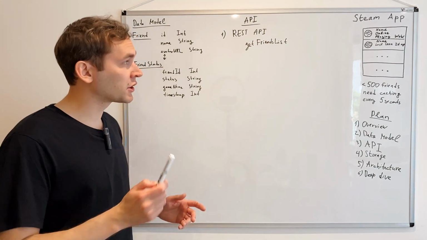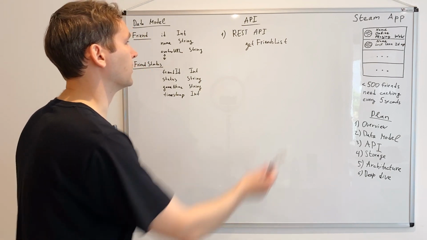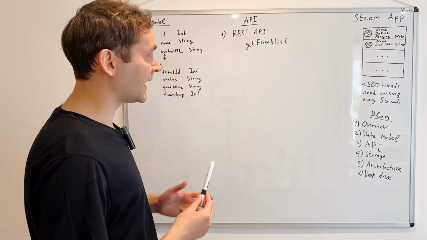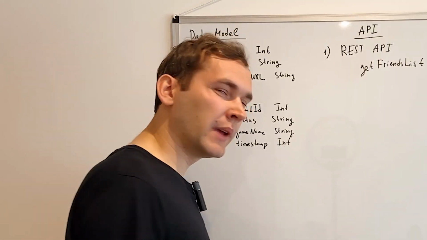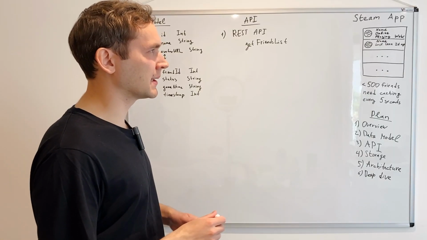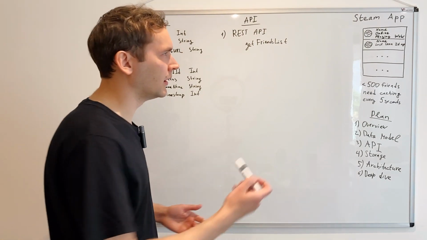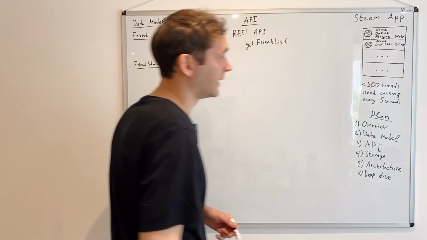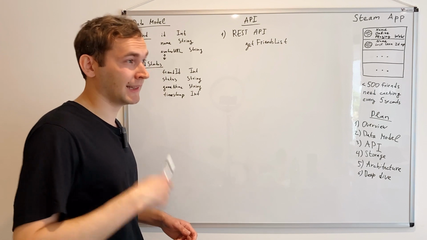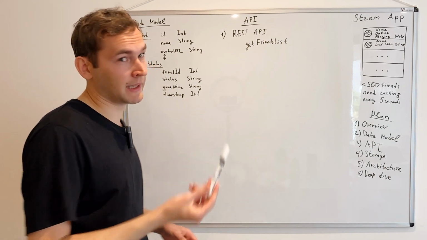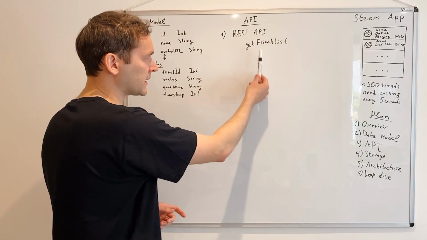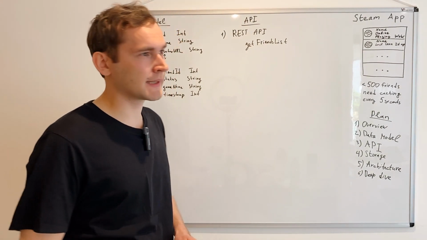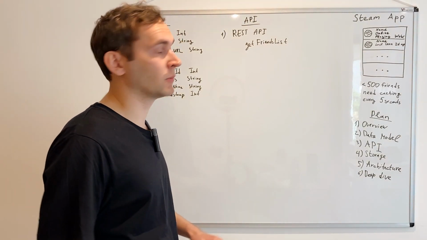But the interesting question is, how often do we need to request this data? Let's say we request it every time we open our app. Do we actually need it? I don't think so. We can download the whole list of our friends only the first time, and later just get updates. How to actually do this? When we get our friends list the first time, we save the timestamp of when we did this request.